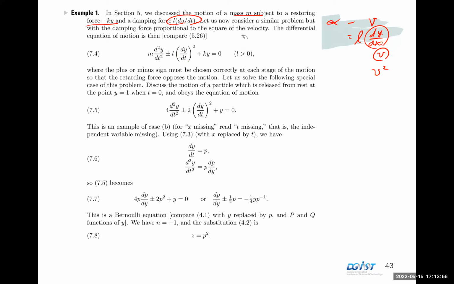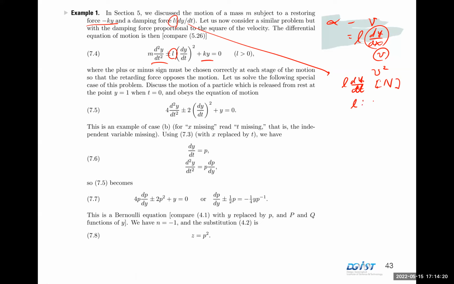So one important thing you have to remember is that the dimension of this L is different from the previous L. Because in the first case, L dy dt must be a force unit, because the other terms are force units, so it should be Newton.